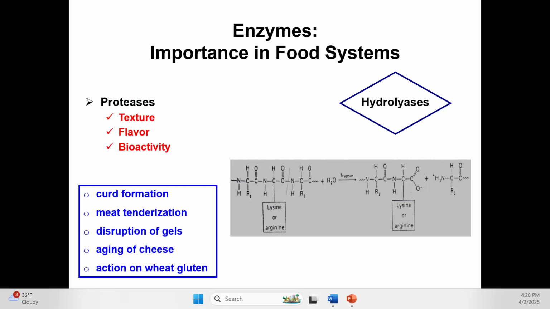It's used for meat tenderization, and obviously cheese formation and aging of cheese to give you that characteristic flavor. Many applications for proteases, and a big part of the production of protein hydrolysate ingredients on the market uses proteases.